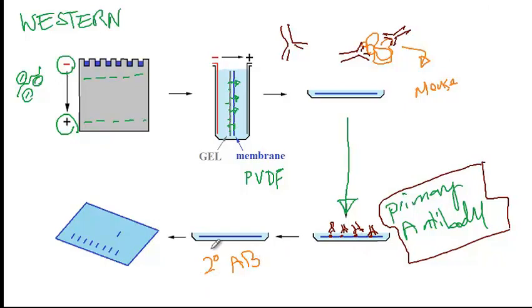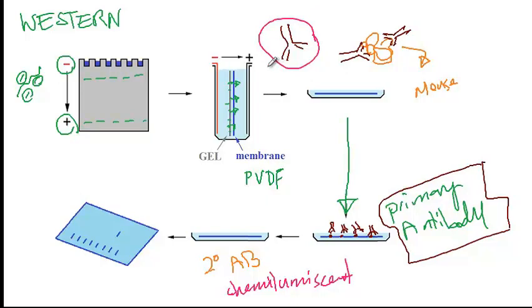This secondary antibody carries a chemiluminescent probe. We need the secondary antibody to bind the primary antibody, and how we create that is that we take the primary antibody and inject it into a different animal, let's say a horse.